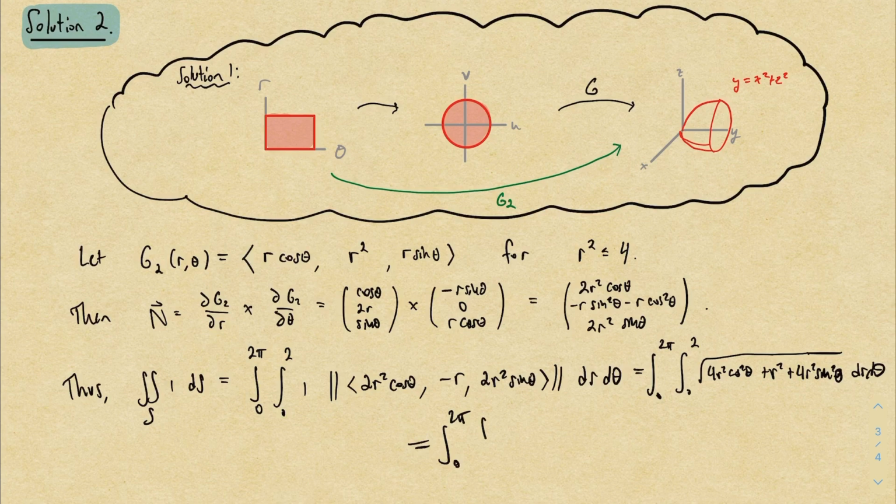We can do some simplification. One thing I'll do is I'll factor out an r squared through the square root. That would give me an r out front. Then I'll have the square root of whatever's left. Well, underneath the square root, I would get a 4r squared times cosine squared plus sine squared, which is 1, so that'll leave me with 4r squared, and then a plus 1 from that other term that I pulled an r squared out of.